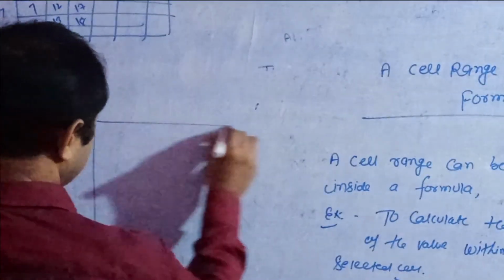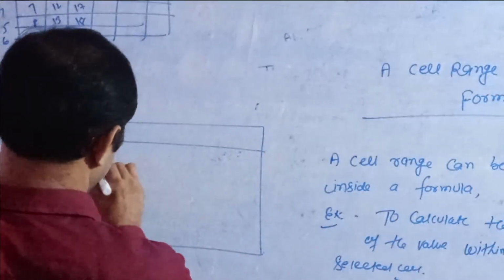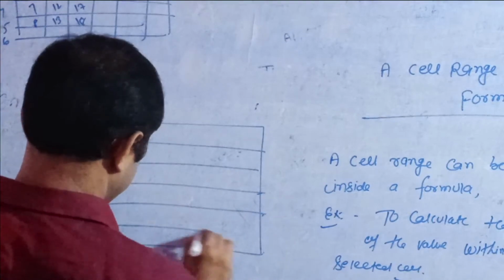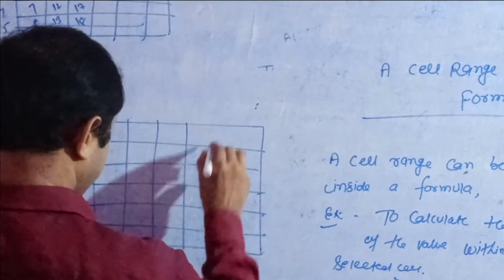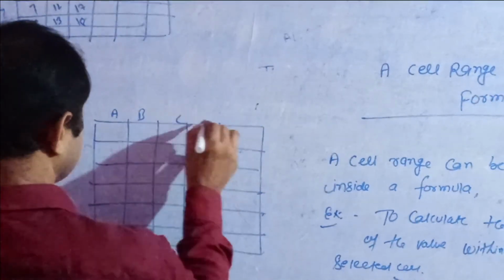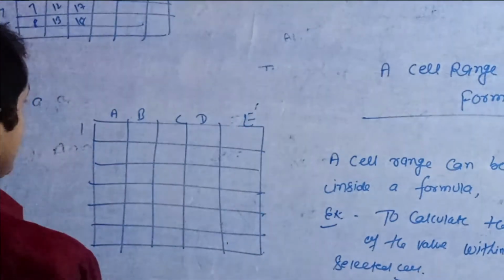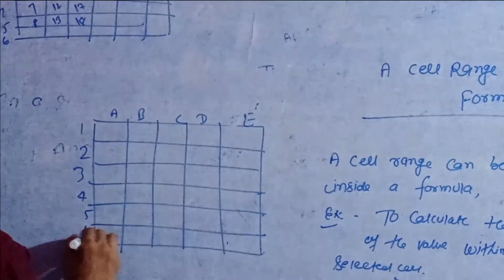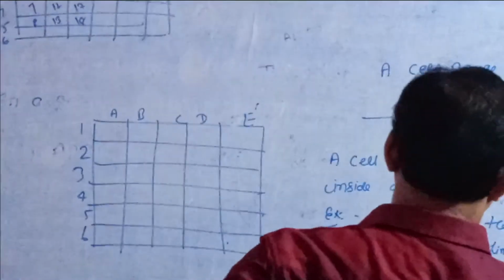Suppose this is the Excel worksheet with columns A, B, C, D, E and rows 1, 2, 3, 4, 5, 6. Cell range with a formula.